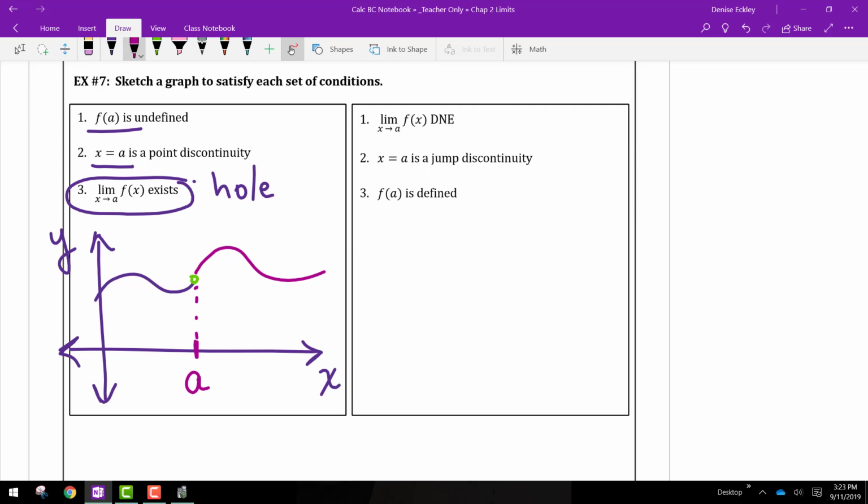As I can see, my limit from the left is reaching that point, and my limit from the right is reaching the same point. So the limit does exist, that's checked off. There is a discontinuity, I have a hole there, and I didn't put another point where f of a was defined. So that's the first one. Okay. So pause the video again and see if you can do the second one.